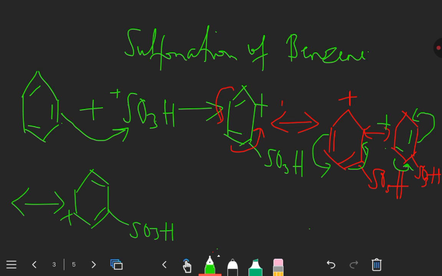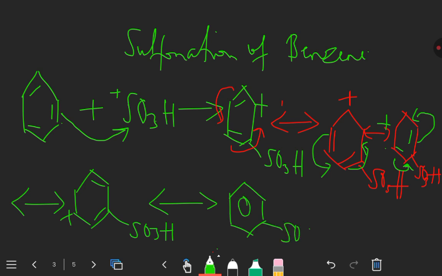Okay. So now what we can do, we can also show that there is resonance structure which is just continuously going on until we make a stable compound. So to show that, we can just show it like this. So we can draw a ring inside the benzene ring like that.